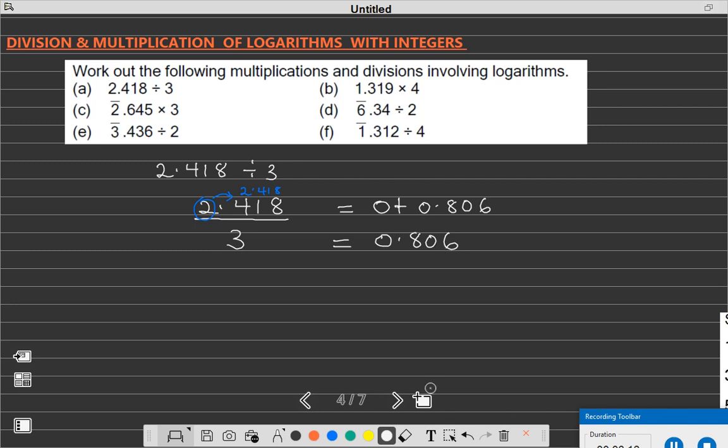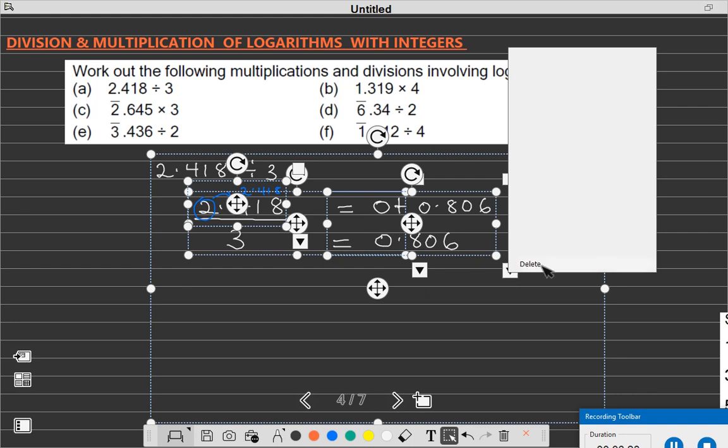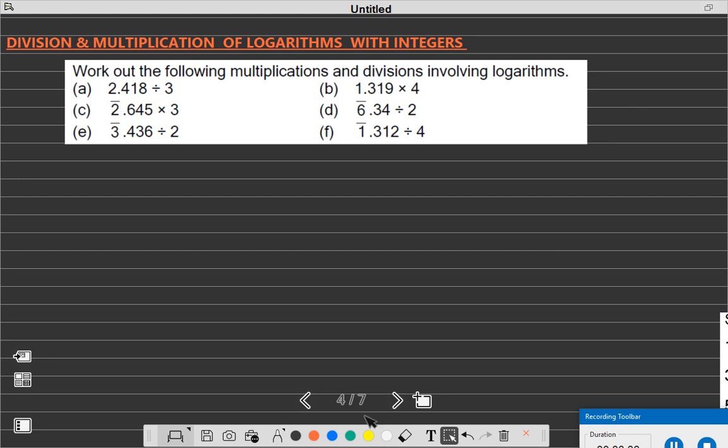We are going to look at part B. Let me clear this. You pause the video, you rewind until you understand it. Now we have this one here. We are going to multiply. Now multiplying, this is 1.319 times 4.